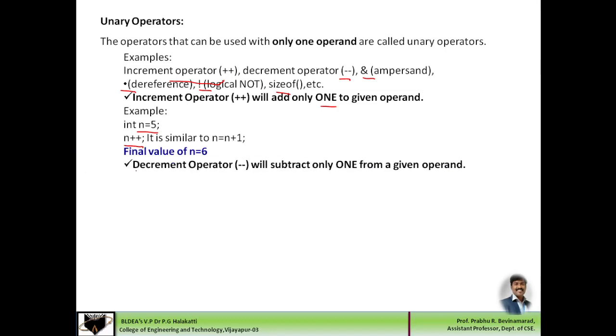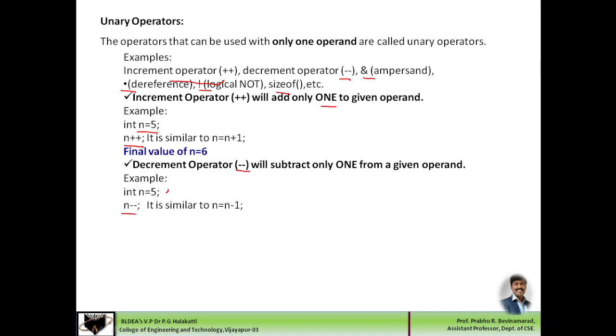And let us look at the decrement operator. This is written by using a double minus sign. This operator will subtract 1 from a given operand. For example, assume we have a value n equal to 5.